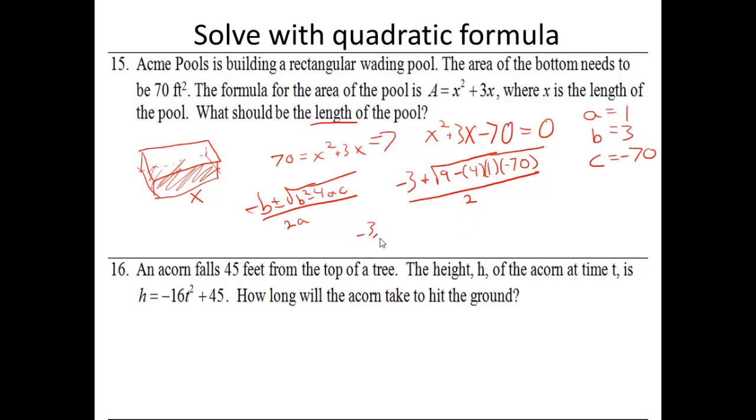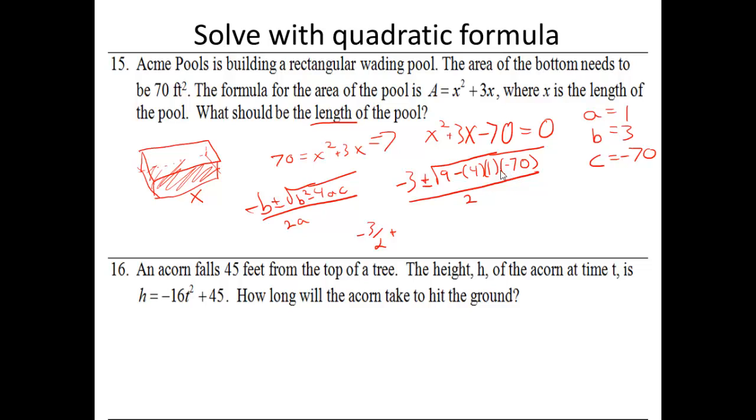So negative 3 over 2. Excuse me, this is plus or minus. So negative 3 over 2 plus, that's going to be a positive, or we have 4 times negative 70, which is going to be a negative 280.